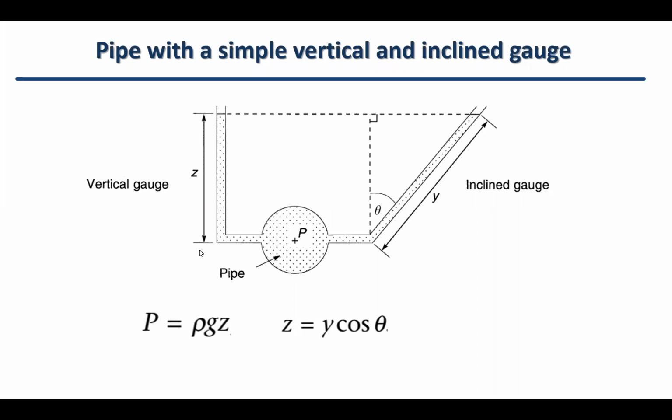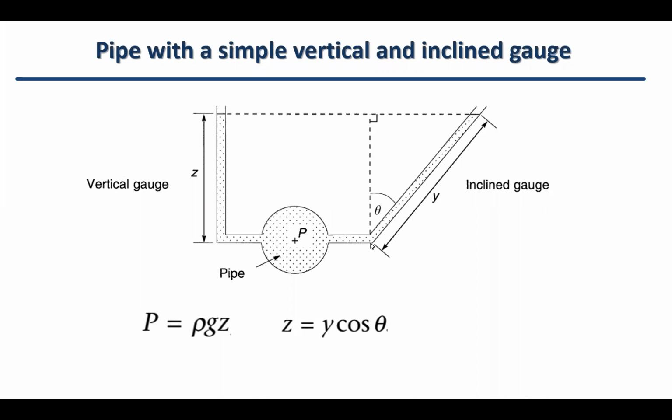The formula that we're going to use for the vertical distance to the surface from the pipe is rho g z. In the inclined situation, we need to calculate the vertical distance. Imagine this is a triangle, and this is the hypotenuse.